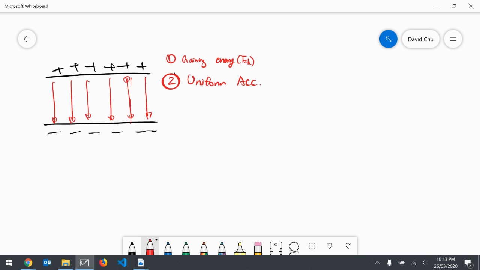So let's relate all this to what we know. First of all, we're going to refer to work done compared to charges and electrical potential. So recall this relation here.